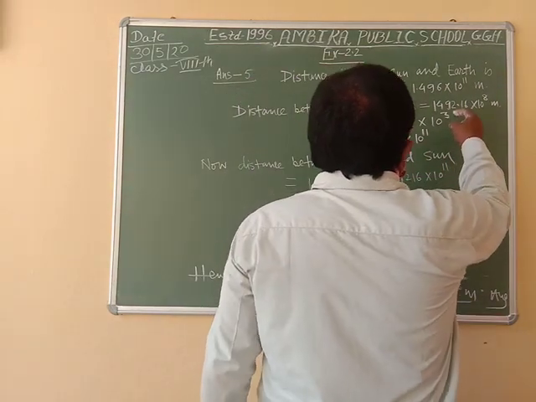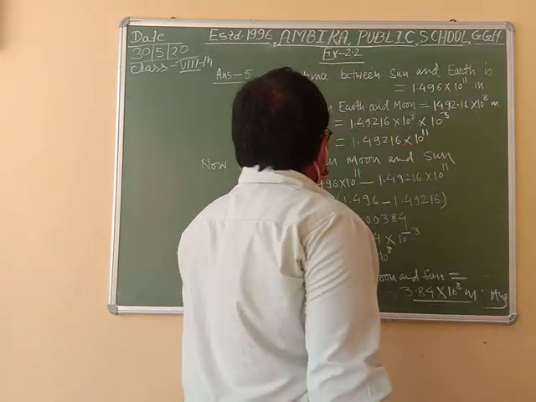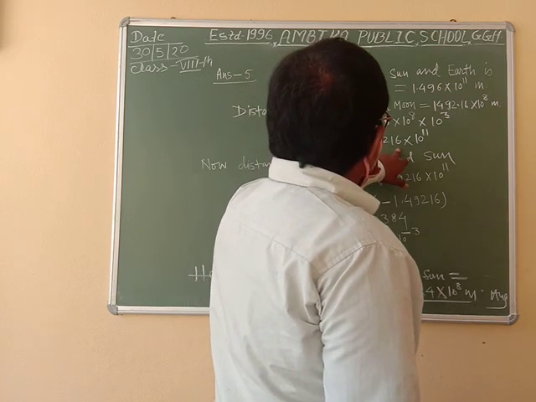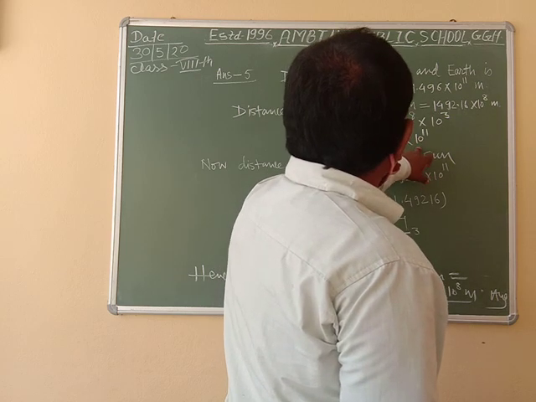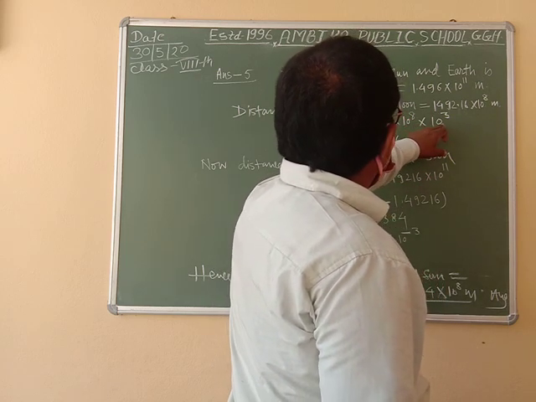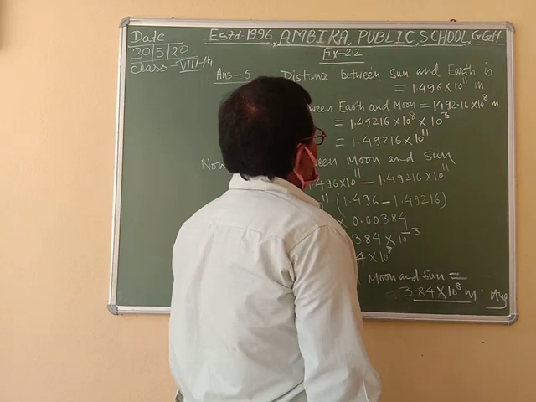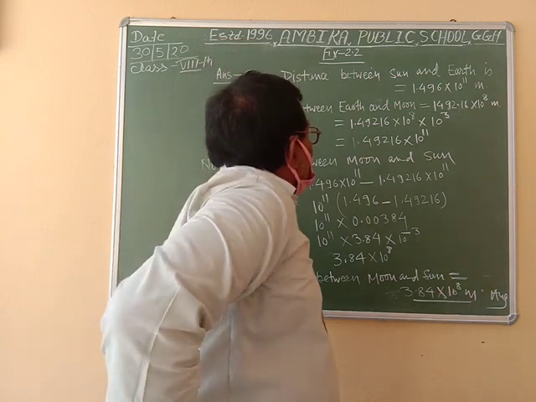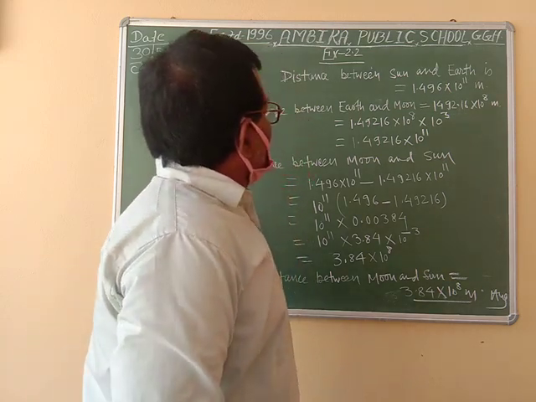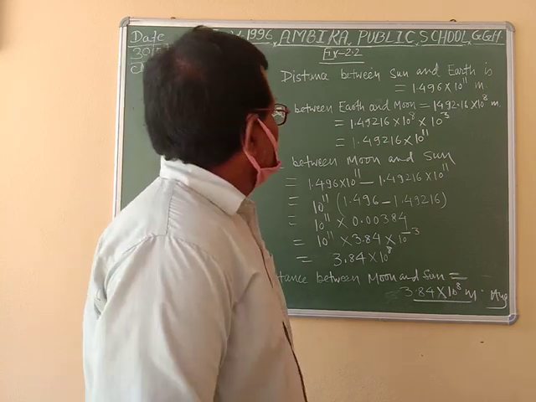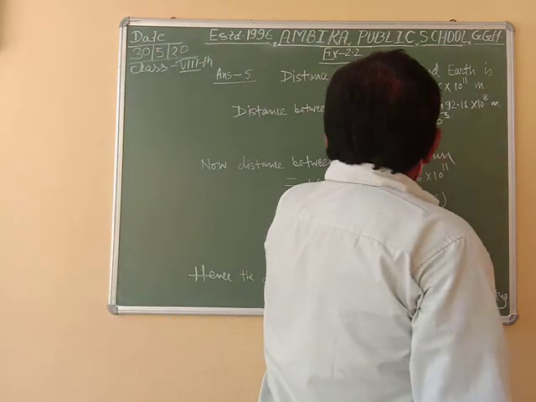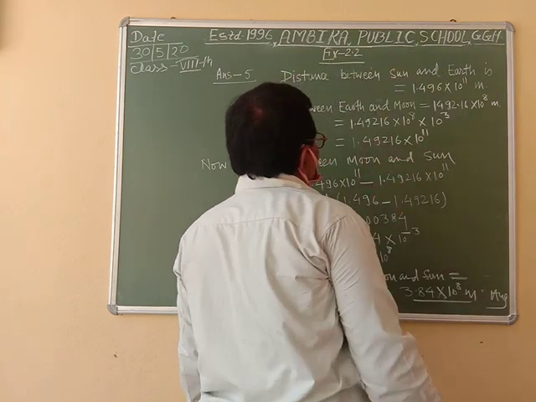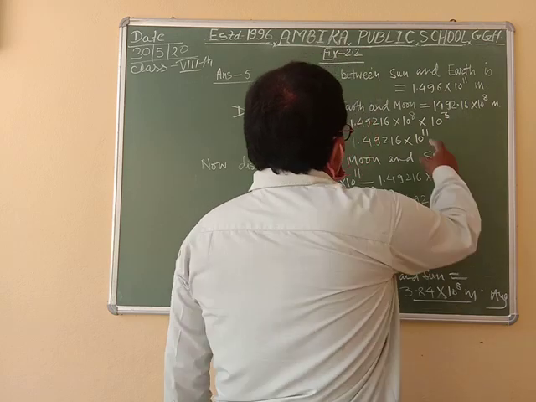Here we shift decimal 3 points left, 1.49216 into 10 to the power 8 into 10 to the power cube. Because if we shift decimal to the left side, the value of n will be positive.